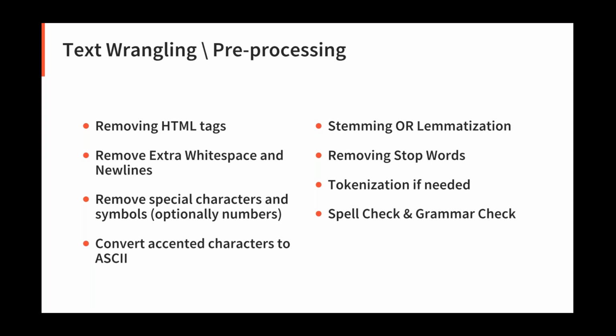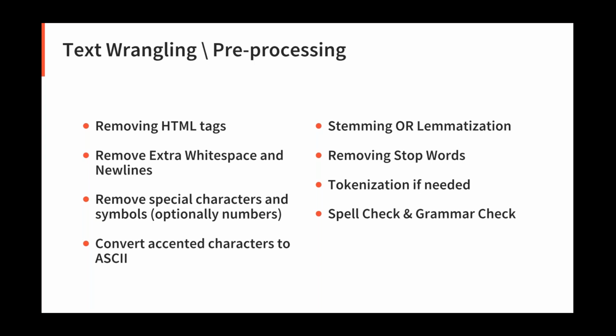Then there are some other, I would say, advanced text wrangling techniques like stemming or lemmatization, where stemming is basically converting a word to its root form, known as the root stem. But this root form may not be a semantically correct word.